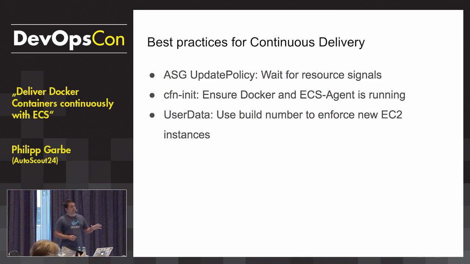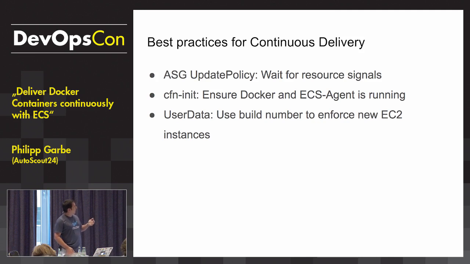But if you don't have that set up, then the autoscaling group just continues by itself. And if anything goes wrong in your setup and the ECS cluster does not come up on that machine, for example Docker is not running or the ECS agent has not been started, then you replace your whole cluster, or all the instances of your cluster, in a couple of minutes with non-working machines, and then your cluster is gone.